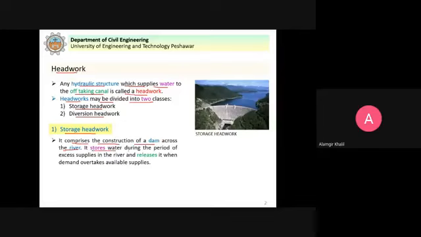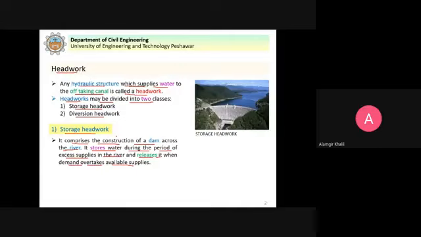It stores water during the period of excess supplies in the river and releases it when a demand overtakes available supplies.